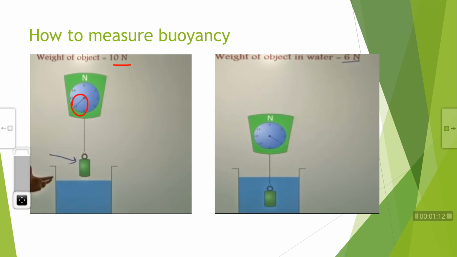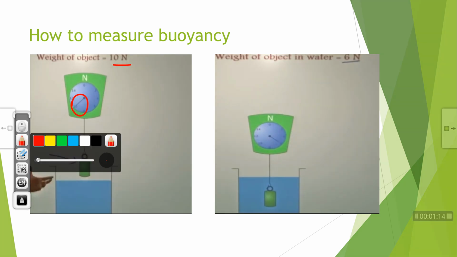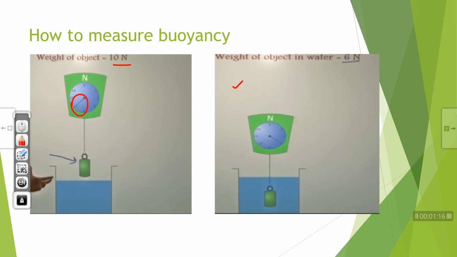In the second picture, you can see that the object is placed in water. Then, find out the weight of the object in water using spring balance. From the reading, it is clear that the weight of the object in water is 6 Newton.